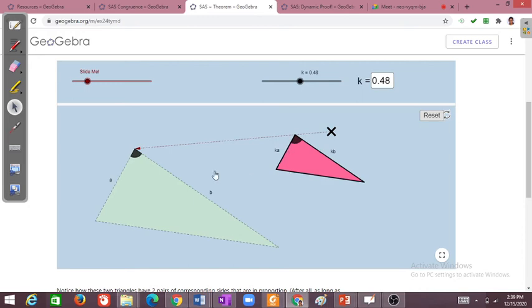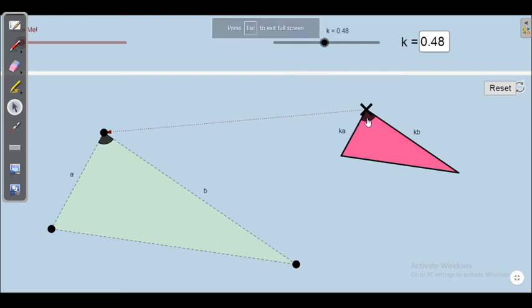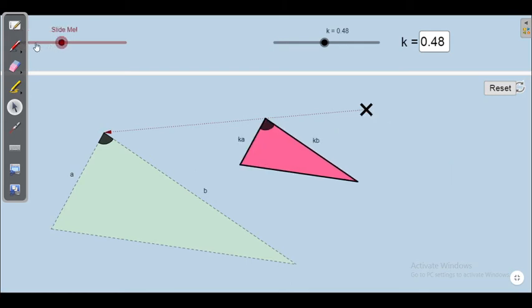So here, I have something. This angle and this angle are equal, but the lengths of the sides are not equal. So I am going to place this small pink triangle above this green triangle.